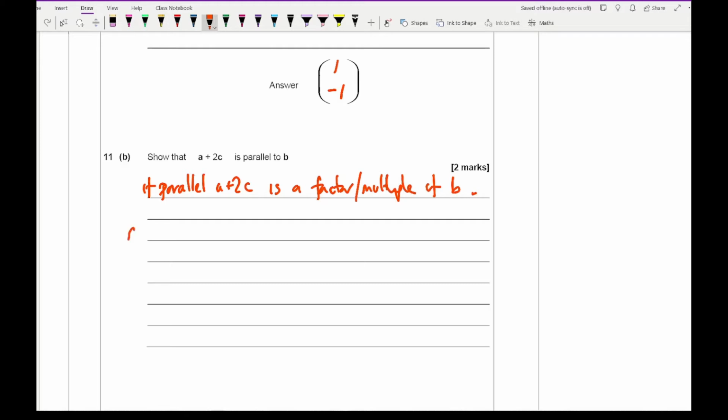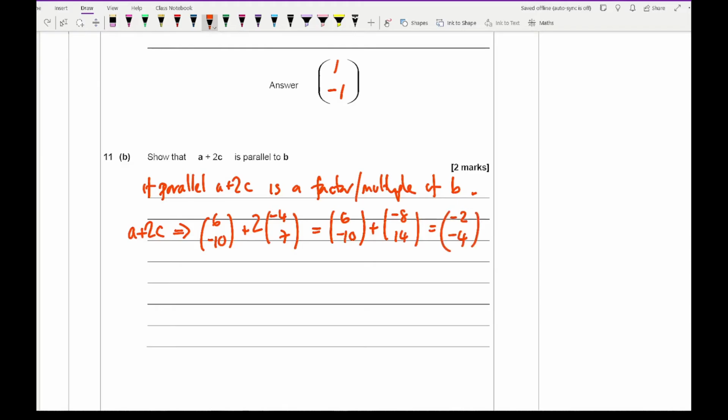So let's first of all work out what a plus 2c equals. Well, a plus 2c is going to be (6, -10) plus 2 lots of (-4, 7). So working this out, I have (6, -10) plus (-8, 14), and that equals (-2, 4).